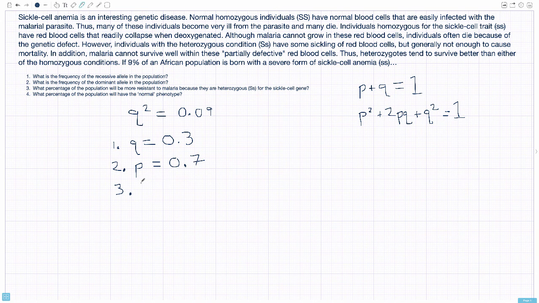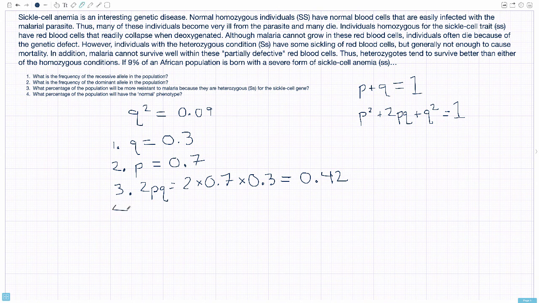And this is just simple multiplication at this point. 2pq equals 2 times p, which is 0.7, times q, which is 0.3. And that equals, if you do the multiplication, 0.42. In other words, 42% of this population should be heterozygous.